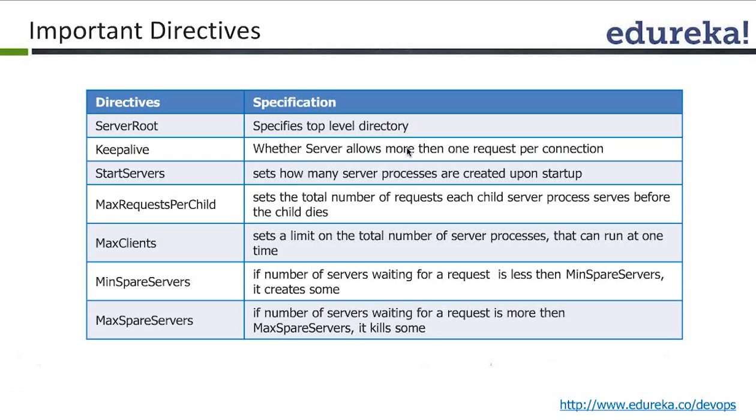Now, KeepAlive is another situation where I do not want to create a socket every time I try to connect to a web server. Any time I connect to a web server, I want to use the existing connection to send the request. Otherwise, if I don't enable KeepAlive, I'll keep opening a new socket every time I want to process something.